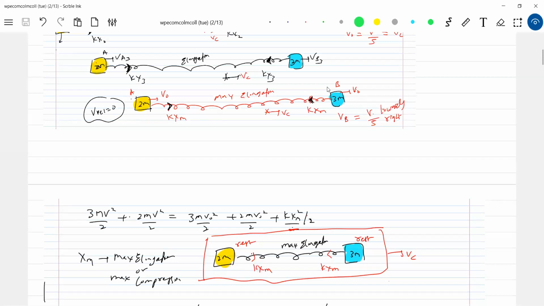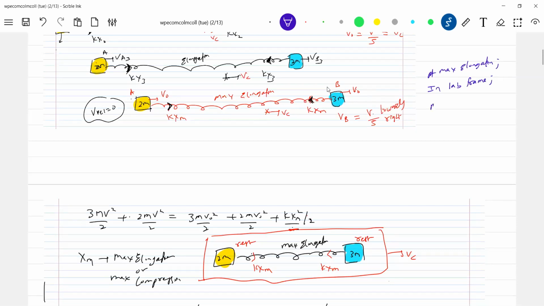So this is the golden statement of this entire discussion. At maximum elongation in the lab frame, alert, ground, let me call it lab. We don't usually use the word ground, so lab frame it is.